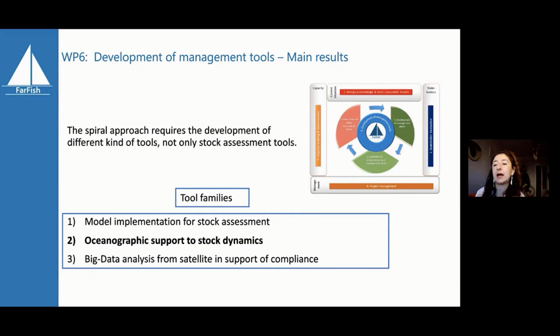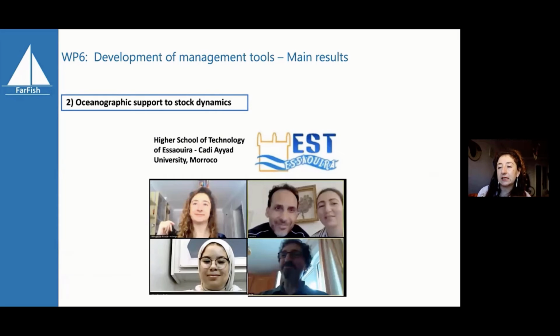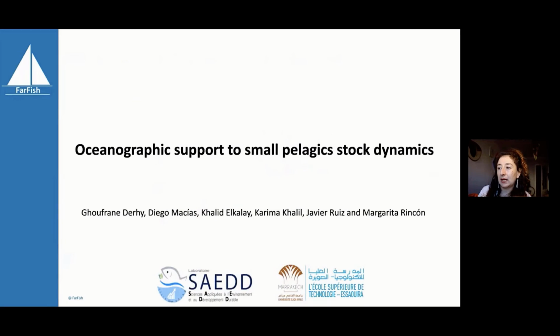Also, the second family of tools is the one of oceanographic support and population dynamics. This work was being carried out with the help of the University of Cadi Ayyad in Essaouira in Morocco. It has been developed mainly with Gufran, my colleague.